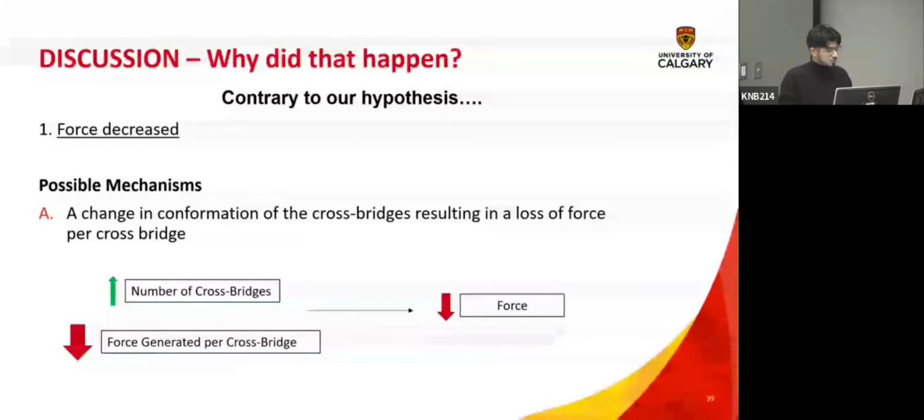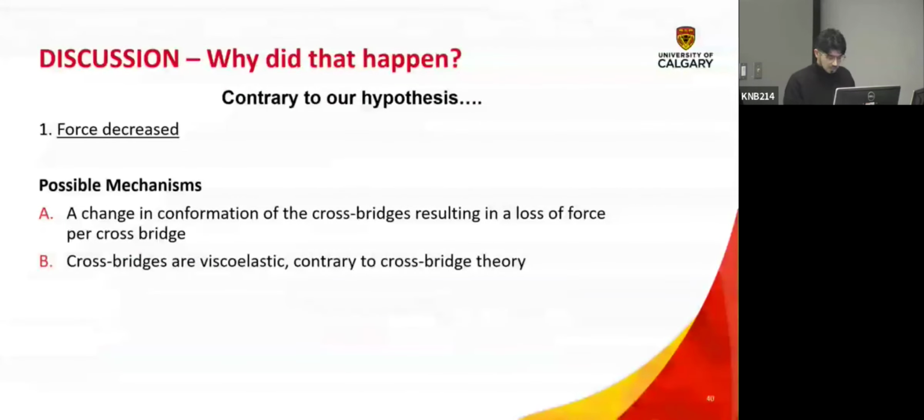So while the number of cross bridges increases, the force per cross bridge decreases, and that decrease is greater than any benefit you might gain from the number of cross bridges, leading to an overall decline in force. The second possibility is that while the number of cross bridges increased, the force given per cross bridge decreased gradually over time because the true nature of these cross bridges is viscoelastic instead of purely elastic, as the cross bridge theory might initially propose.